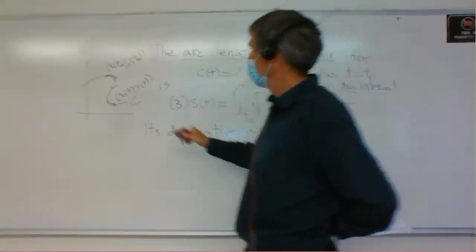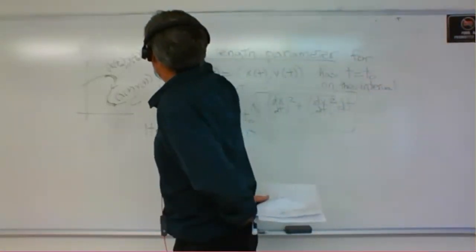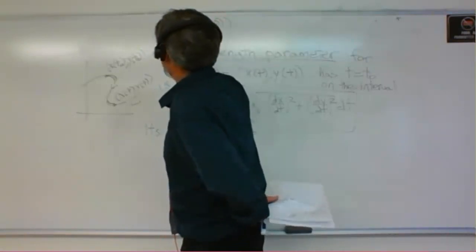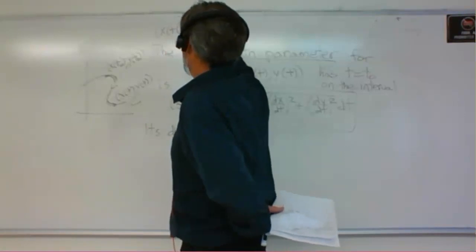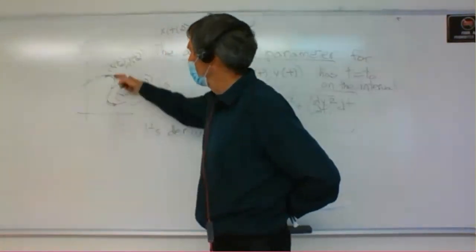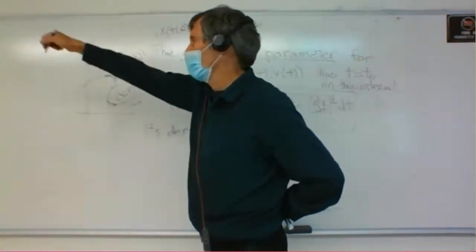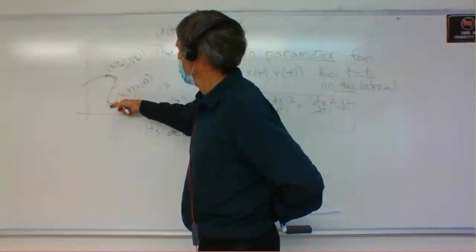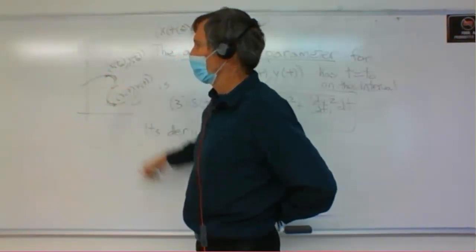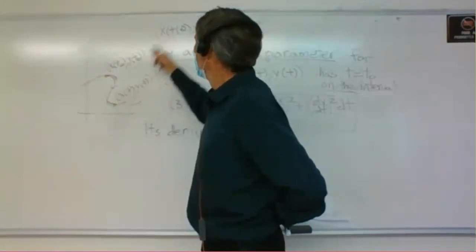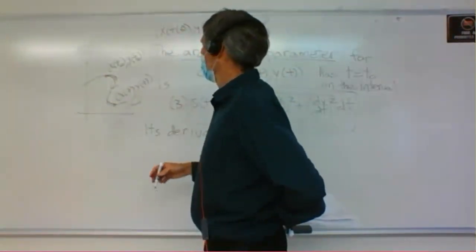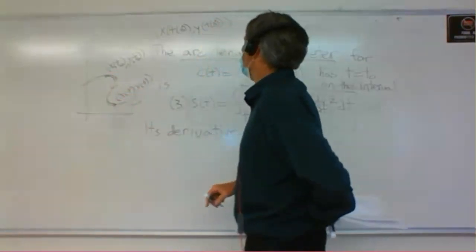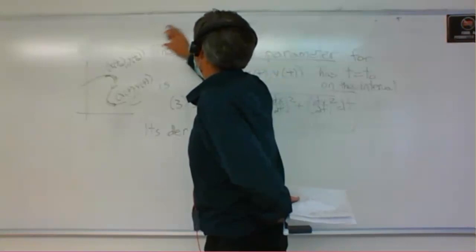If you can do that, you can write x of t of s and y of t of s. And what you've now done is made the curve a function of arc length s. It's like one of those wheels you push along the ground to measure the track, how far the runners run. At any point, s is equal to how far you moved along the curve, just like the wheel tells you how far you moved along the track. So it's a convenient thing for rewriting the curve as a function of how far you went as you move along. That's why it's frequently called the arc length parameter.